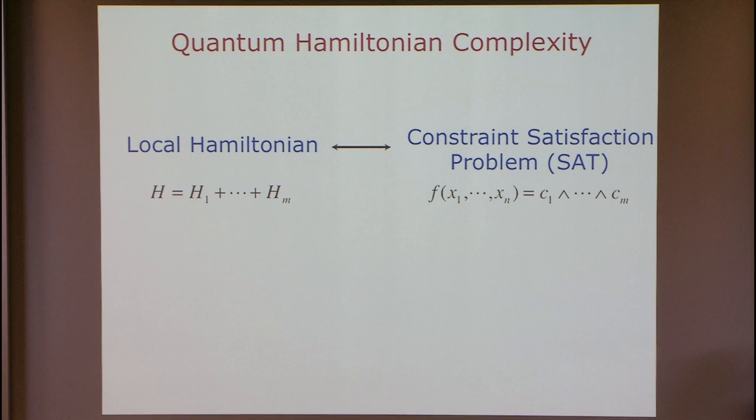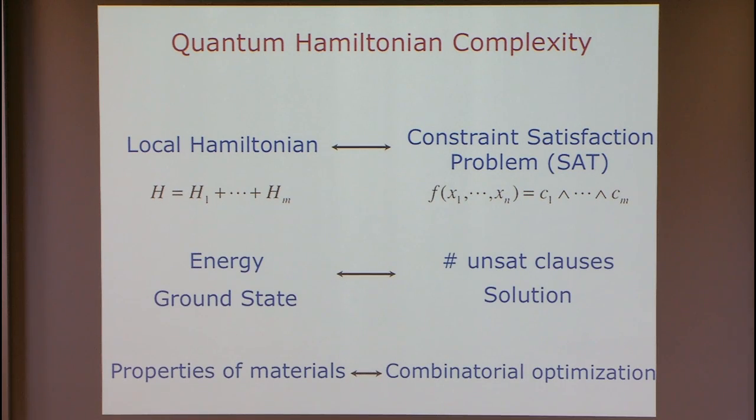Okay? And so once you realize this, you realize that there's a dictionary that allows you to translate between these two settings, because the energy of a state corresponds to the number of unsatisfied clauses of an assignment here. So states here correspond to assignments, energy corresponds to the number of unsatisfied clauses, ground state corresponds to the solution to this constraint satisfaction problem.